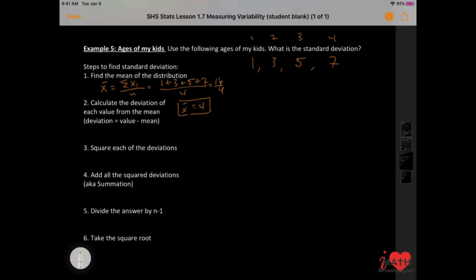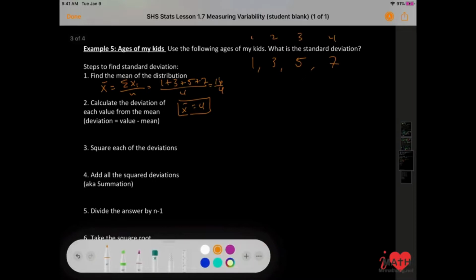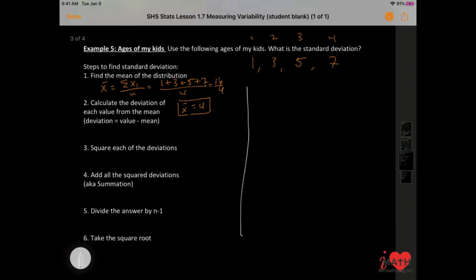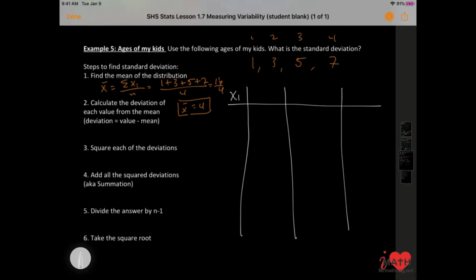What do we do next? Calculate the deviation. So let's make a big chart here. Here are the numbers. Xi basically means i is a number in the list.